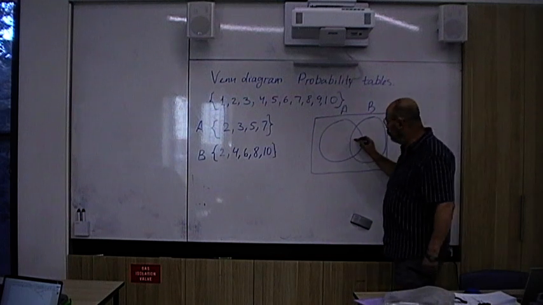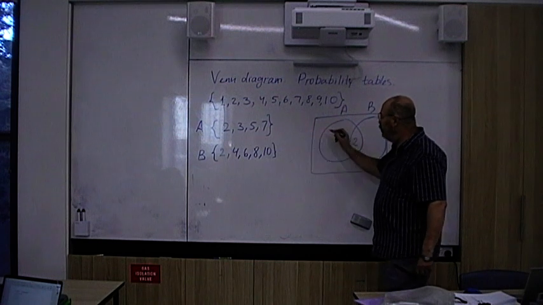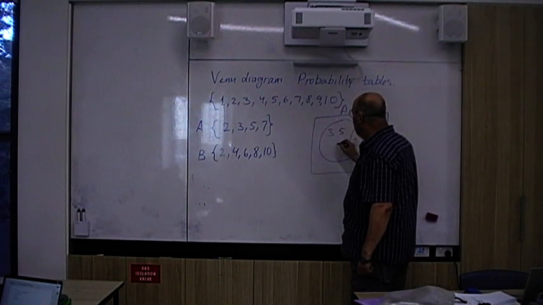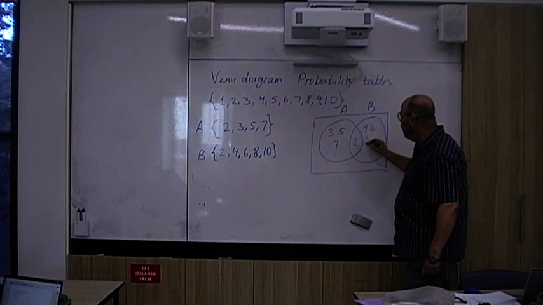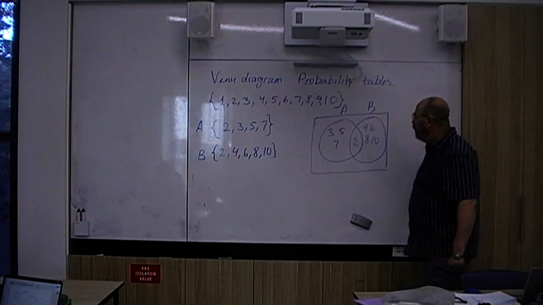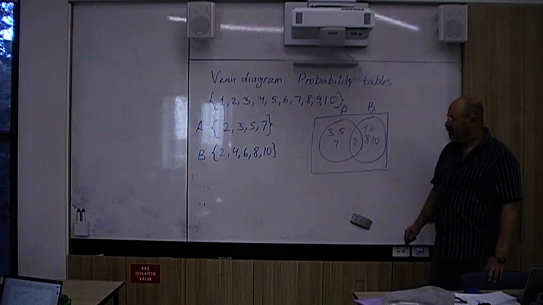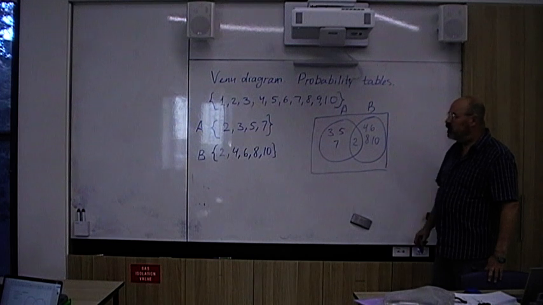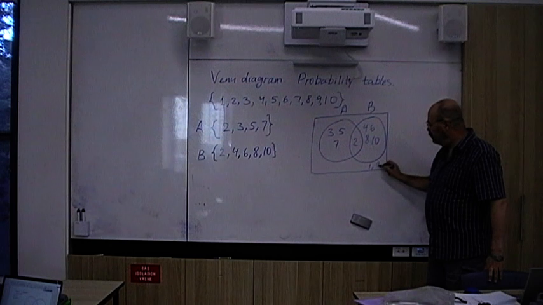We have number 2. So in A we have 3, 5, and 7, in B 4, 6, 8, and 10. And we put the numbers that are in neither on the outside, which are 1 and 9.